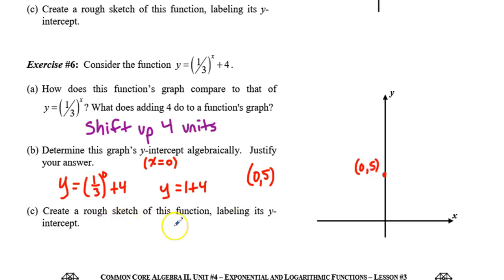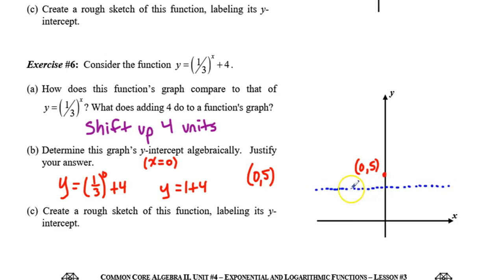All right, and then it says create a rough sketch of this function, labeling its y-intercept. Well, what we have now is a shift of all the points. It shifts all the points up, which kind of makes sense. So I have my horizontal asymptote, which I'm going to dot in a line here.